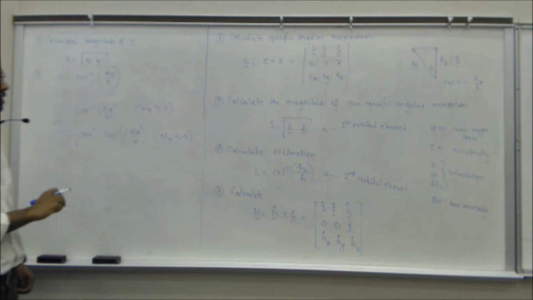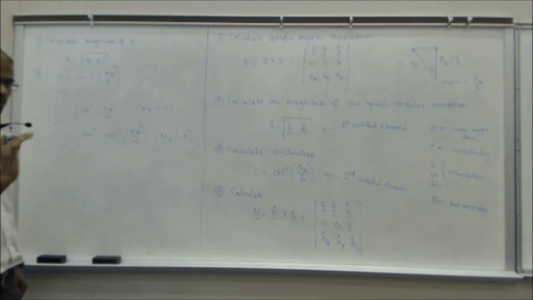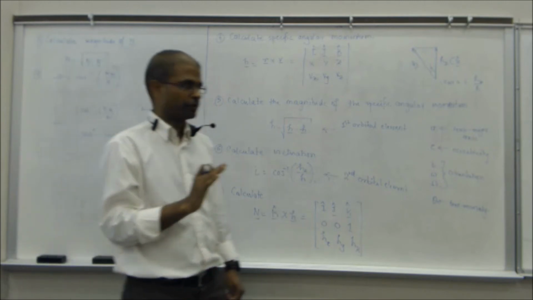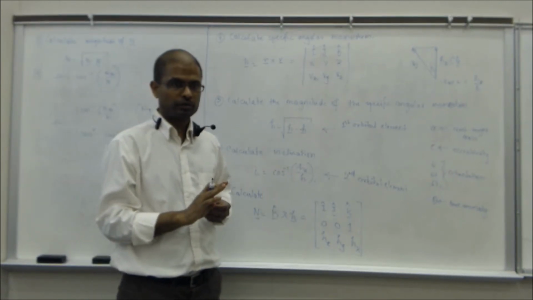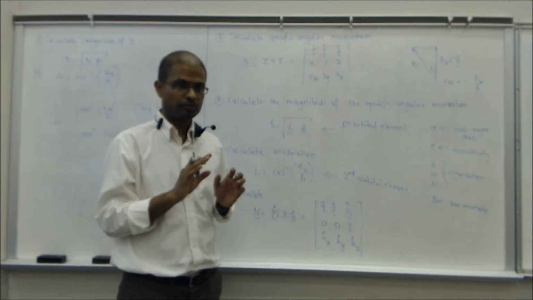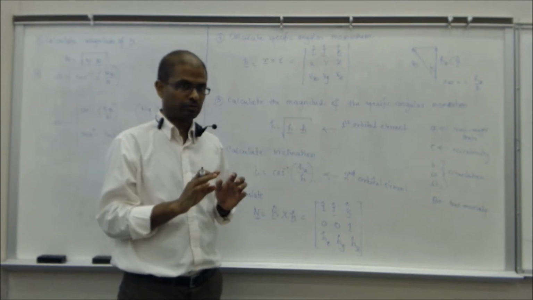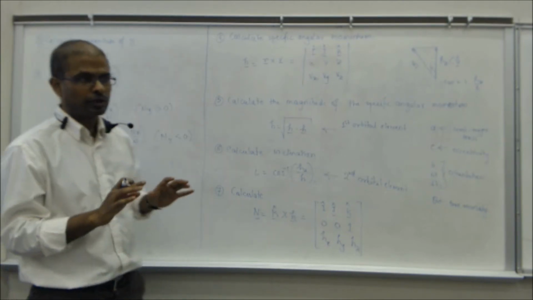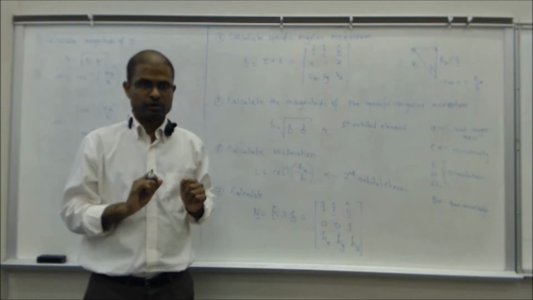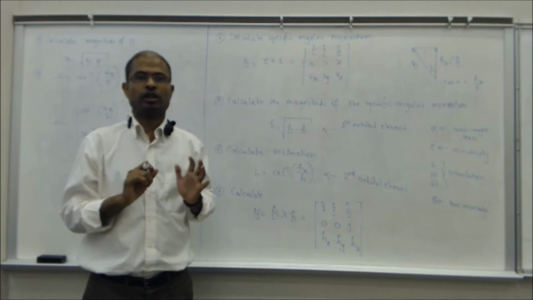All right. I'll give you one extra credit problem which will carry a lot of weightage. I want you to implement a MATLAB algorithm which will, if you're given R and V, output the orbital elements.